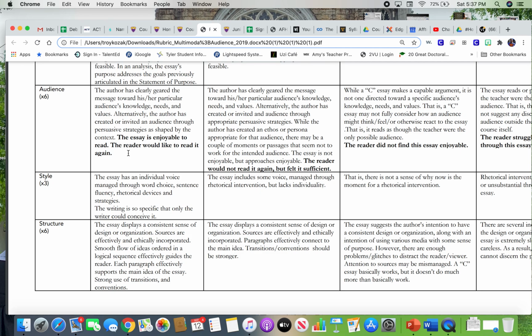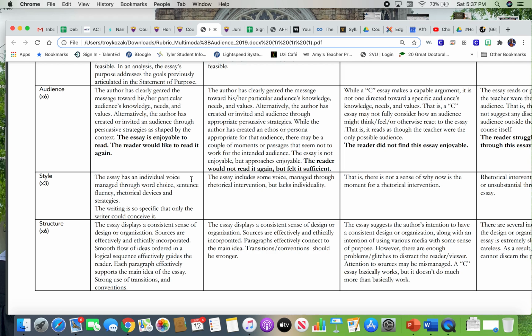And then I kind of qualified that with like the reader would like to read it again versus the reader would not like to read it again, but felt sufficient versus the reader did not find this essay enjoyable. So you can see like almost automatically if you're writing in that boxy 5-paragraph essay, it's not going to be enjoyable, right? So the structure also plays a part into the audience appeal.